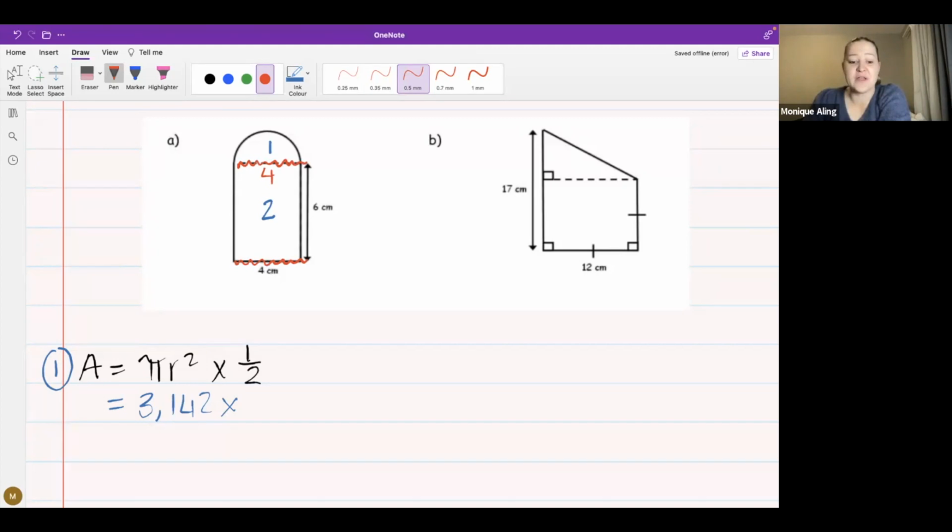That's how I know it is 4. And if I had to complete the circle, we can see that that is my diameter. But for the formula, we need our radius. So you need to work out the radius. So you're going to say the diameter of 4 divided by 2. Gives you an answer of 2 centimeters.